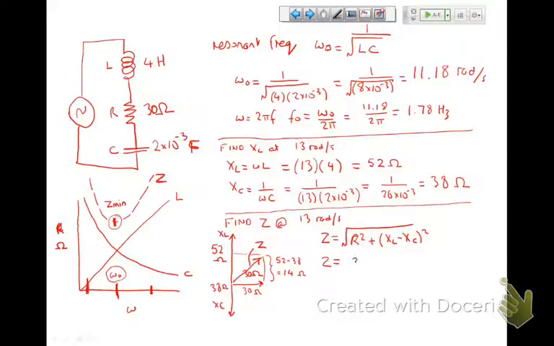Z is equal to the square root of 30 squared plus 14 squared, which equals, so I'm going to say 30 squared, enter, plus parentheses 14 squared, close parentheses, enter. That's 1096, square root, second answer, 33.1. Call it 33.